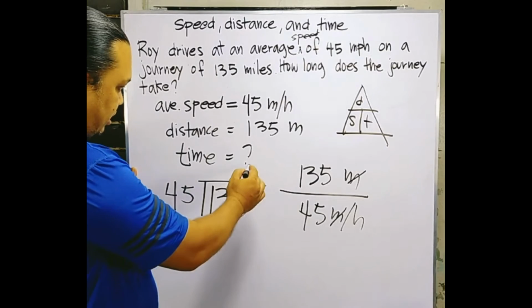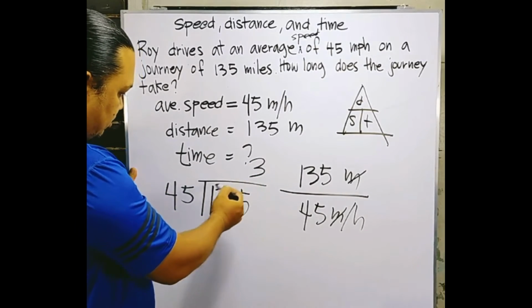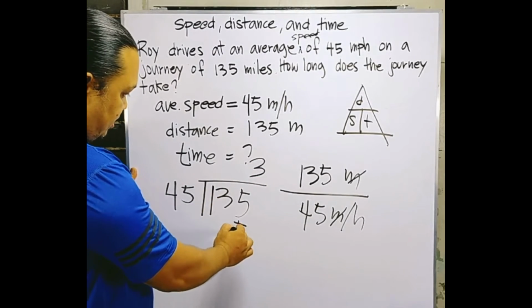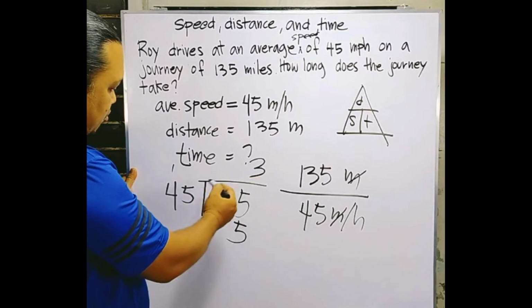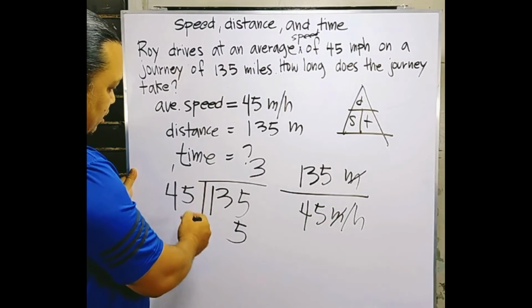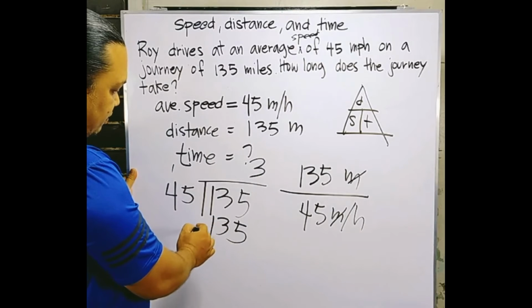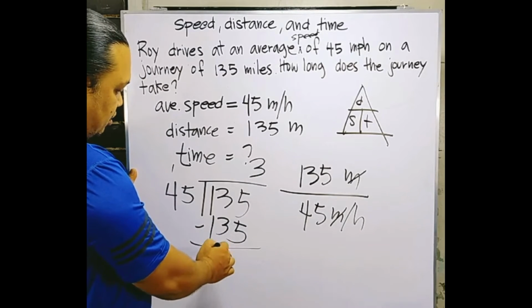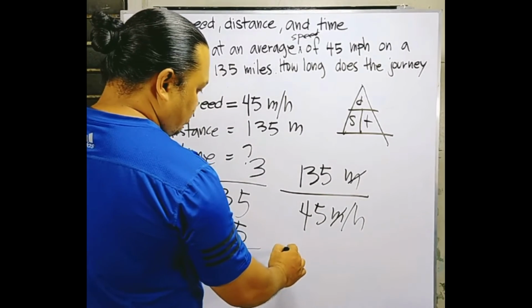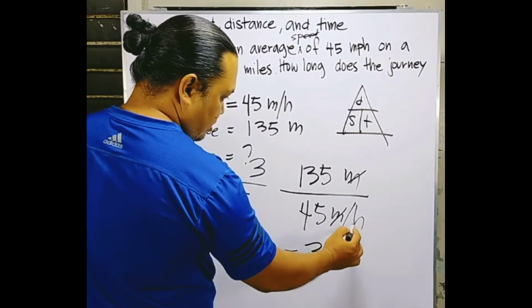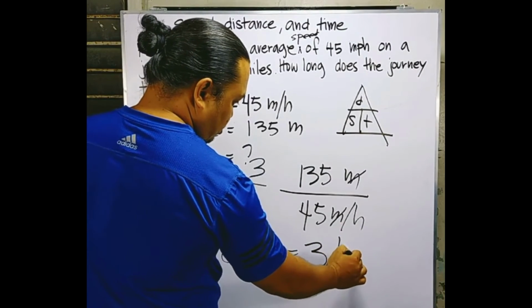If you take 3, 3 times 5 is 15, 5 carry 1. 3 times 4 is 12, plus 1 is 13. So we have 135 minus 135, which is 0. Therefore, our answer will be 3 hours.